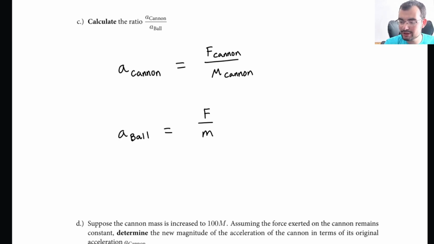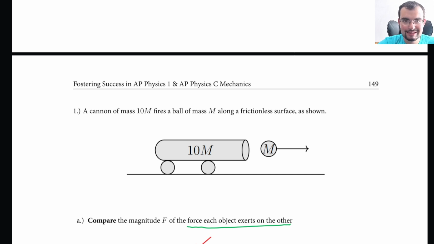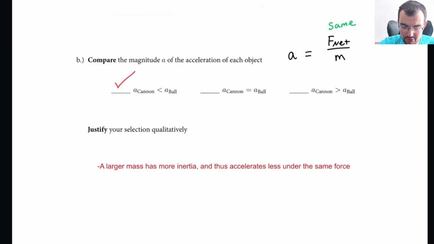So what is true about the force? Well, the force exerted on the ball will be the same, so you get a times 1 for the multiplier. And then what about the mass? Well, the cannon has mass 10m and the ball has mass 1m.